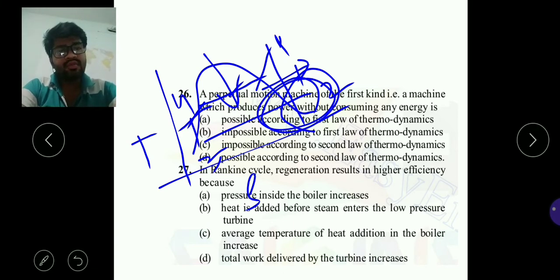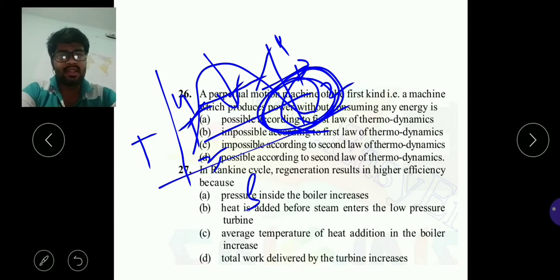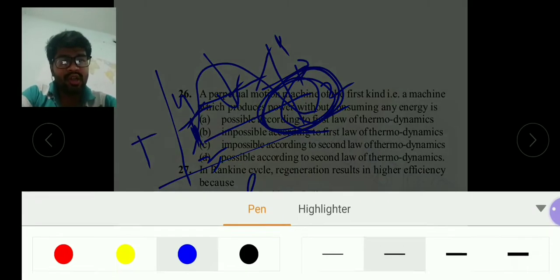The heat addition process is taking place from 4 to 1, but if we add some heat by using this lost heat, that will be known as the regeneration process. That is actually done inside any Rankine cycle. So if we do this 4 to, okay, let me change the color here.